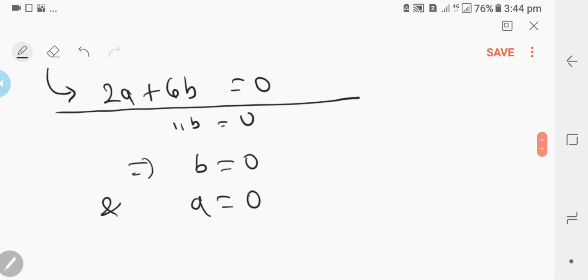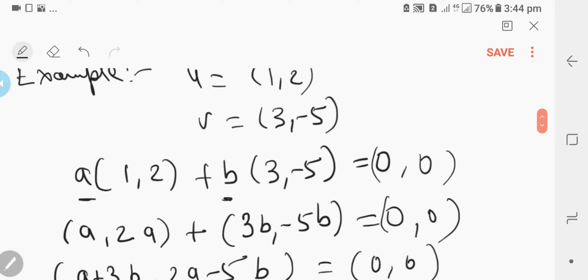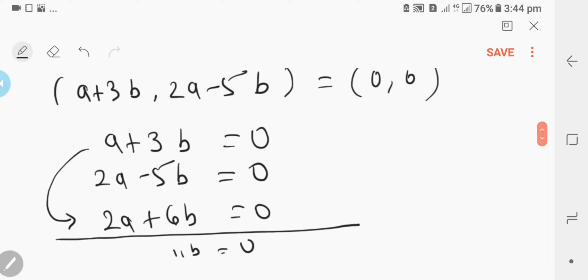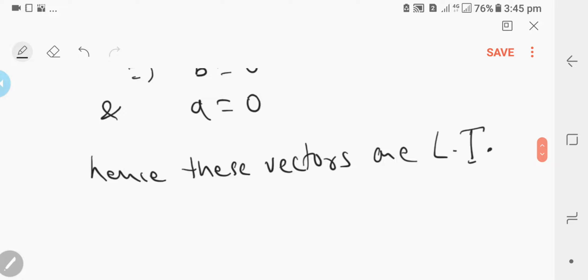So you are getting the scalars as 0 in the linear combination of these vectors. Hence the given vectors are linearly independent because the scalar quantities are coming out as 0.